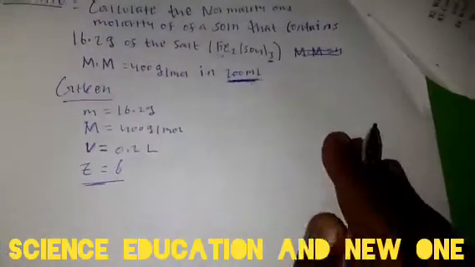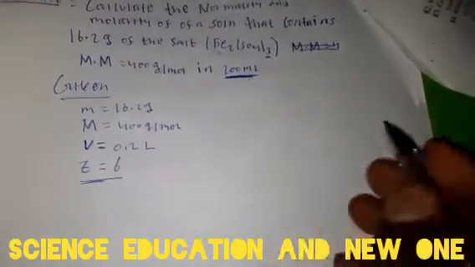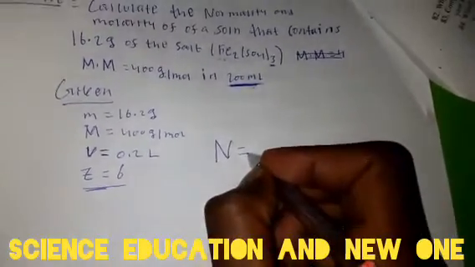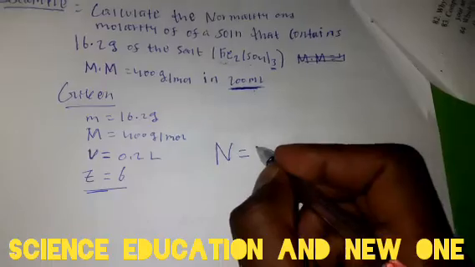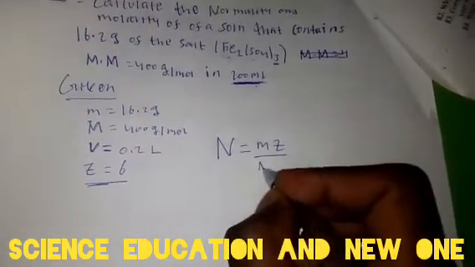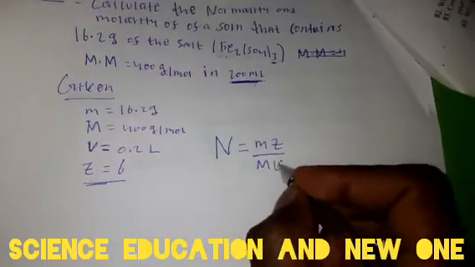Then we have the formula. Normality is equals to what? Mass times Z over molar mass times volume.